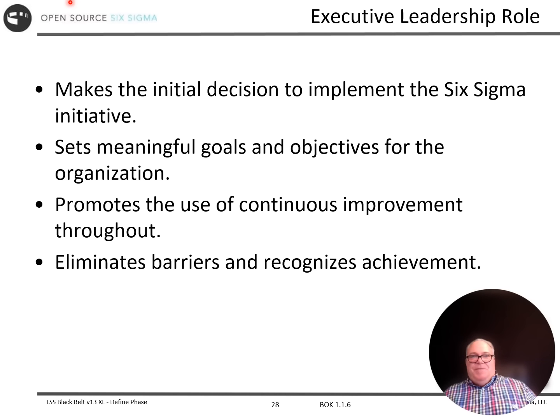Many times in my consulting role, we would meet with the executive leadership team. They make the initial decision that they want to go forward and do something to make their business better. At the top level, they want to be able to see business improvements.